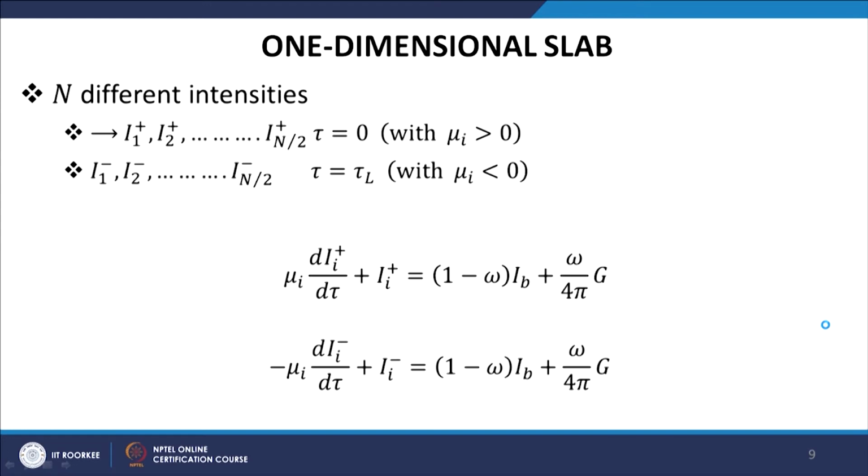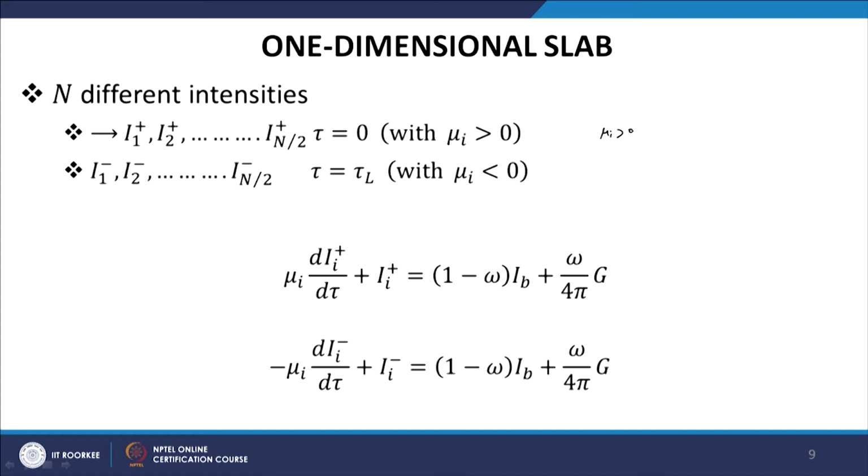So, the unknown intensities are I1 plus, I2 plus and so on up to I n by 2 plus, where plus represents the intensity in the upward direction, that is mu i greater than 0, and I1 minus, I2 minus and so on up to I n by 2 minus represent the intensity in the downward direction at the plate tau equal to tau L, with mu i less than 0.